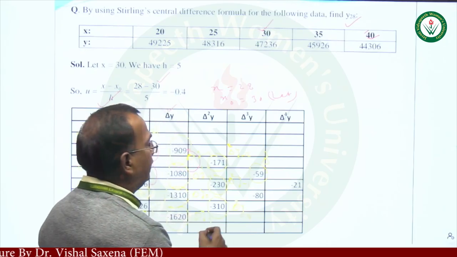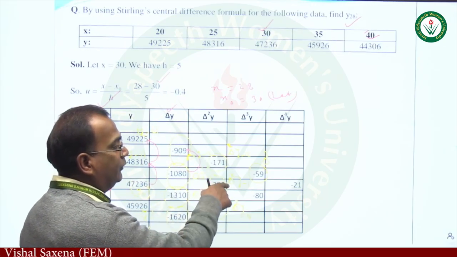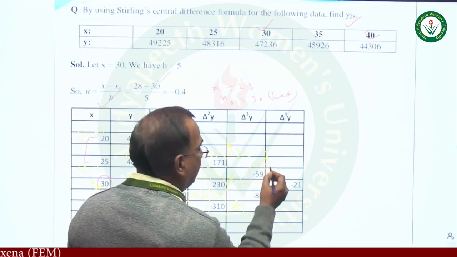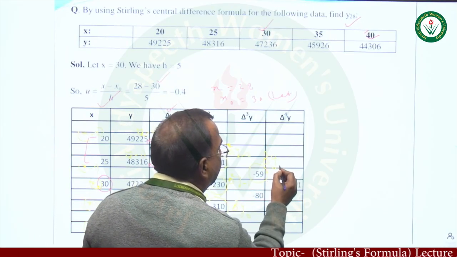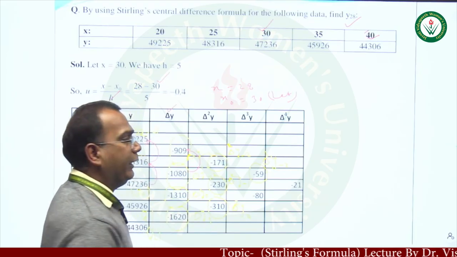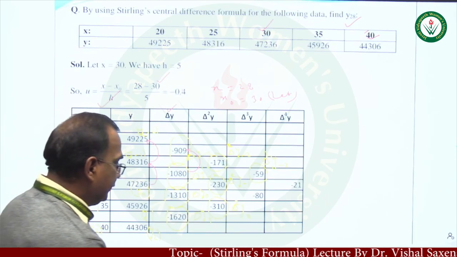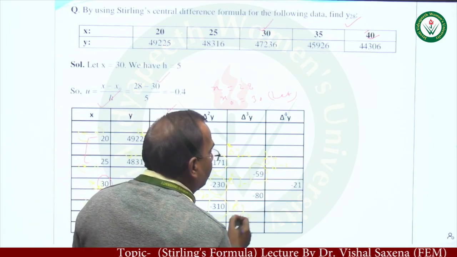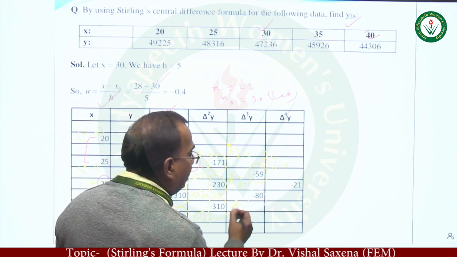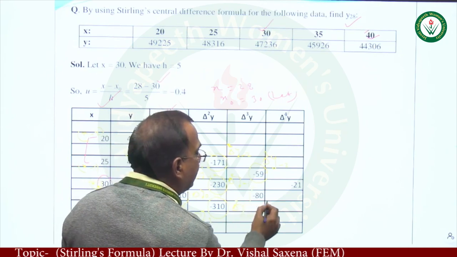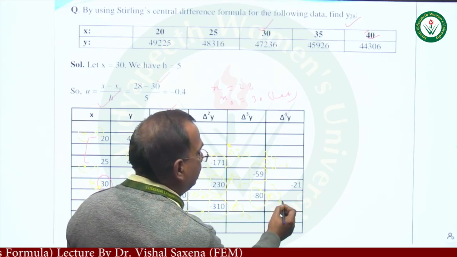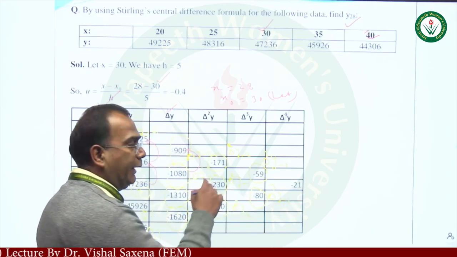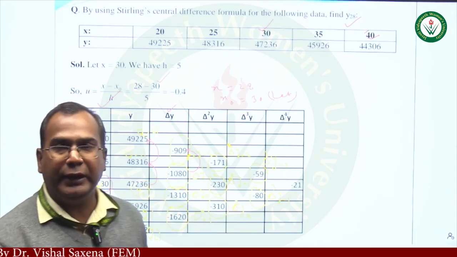Now next, minus 59 is del cube. It is del cube because it is y minus 2 and y minus 1. Del cube y minus 2. Then what about this one here? This will be simply minus 80, which is del cube y minus 1, because it is the difference of del square y minus 1 and del square y naught.